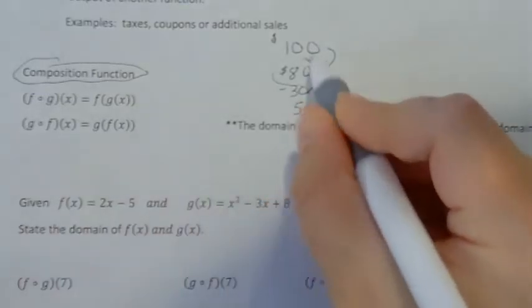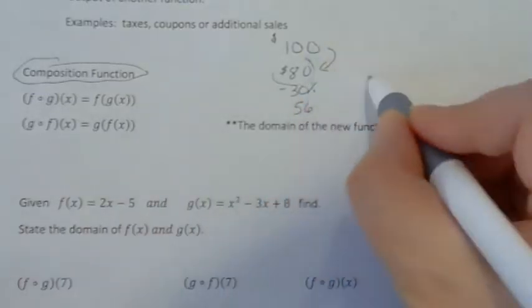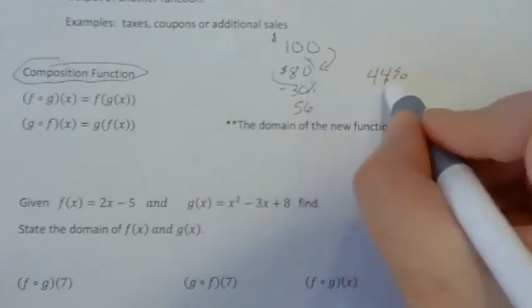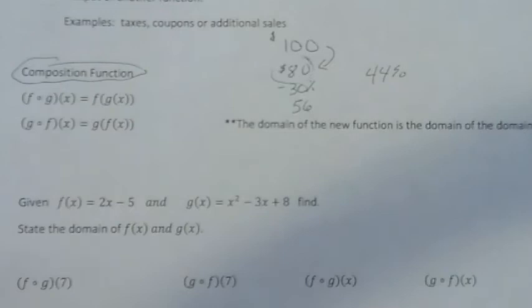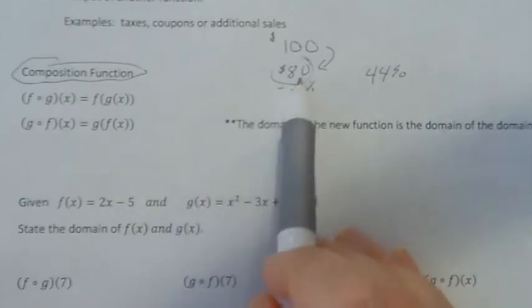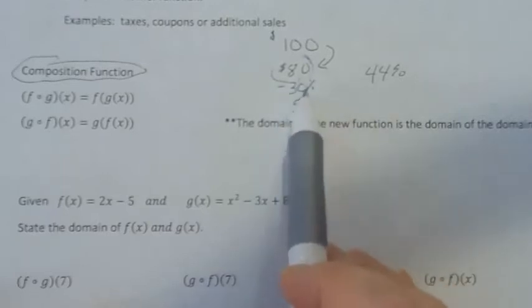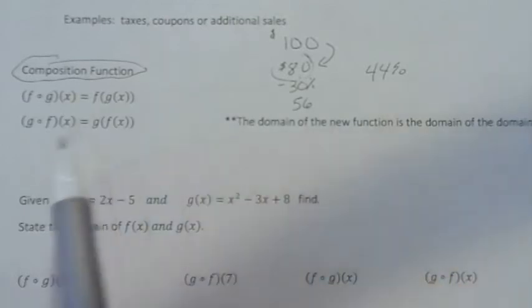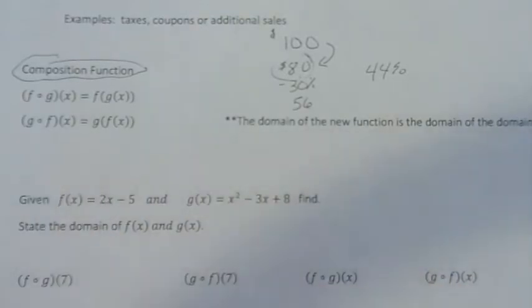So you can see that what we've done here is we've actually taken 44% off rather than the 20% plus the 30%. So when you go to a store, you have to apply one coupon, get the answer to that coupon, then apply the second coupon. You don't add the percents together because that's not the same. That's called a composition function.